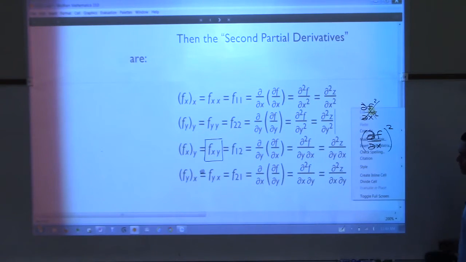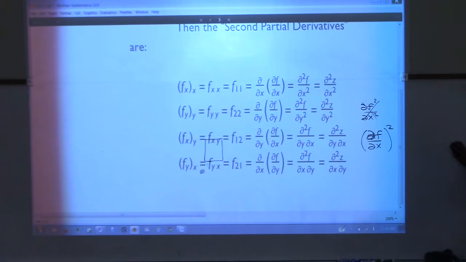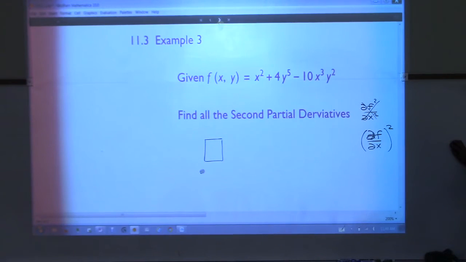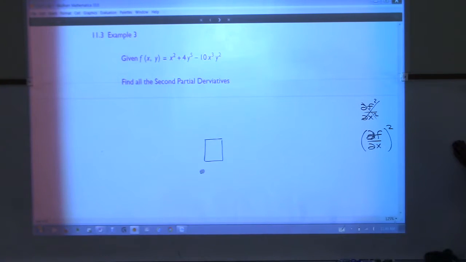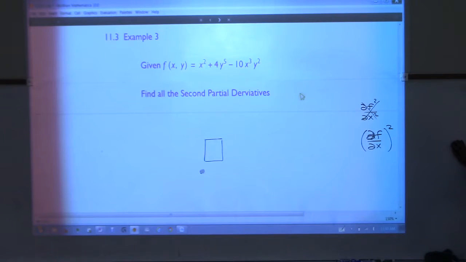All right, and then finally, the last one there, partial with respect to y followed by x. So we've got a function here, and I've asked us to find all second partial derivatives of this function.